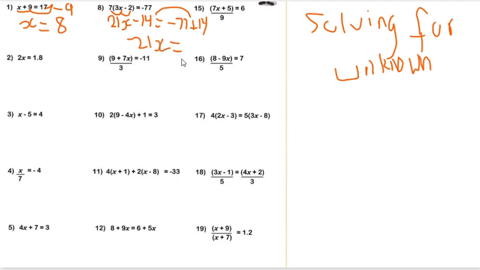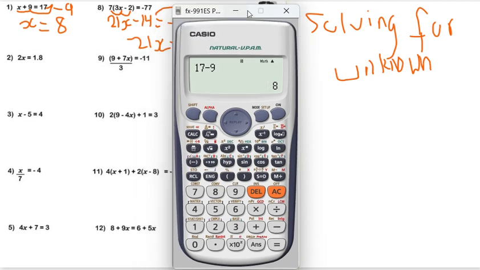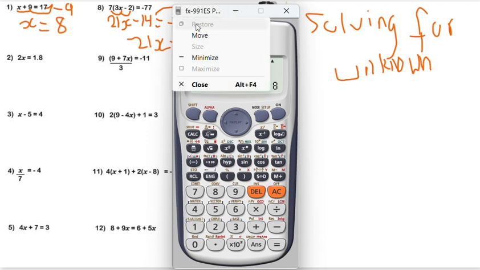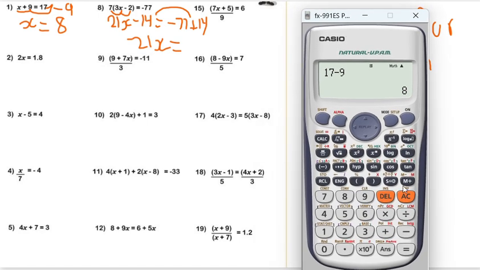21x equals, let's take out our calculator, negative 77 plus 14, which equals negative 63.